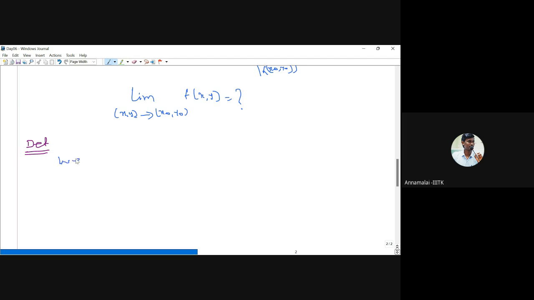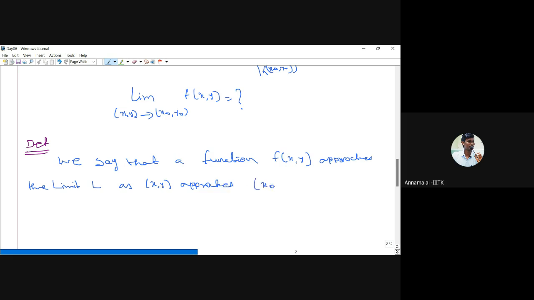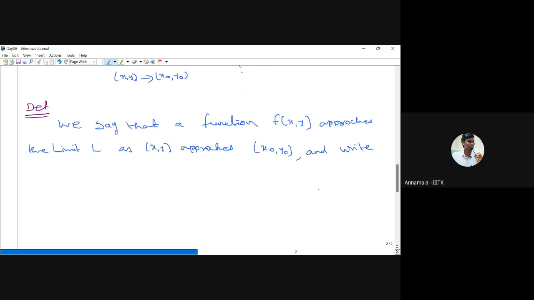So we say that a function f of x comma y approaches the limit capital L as x comma y approaches x naught comma y naught, and we write the limit as x comma y approaches x naught comma y naught of f of x comma y is L.